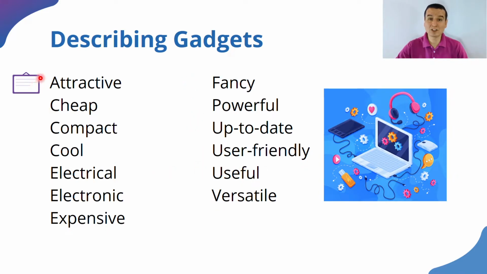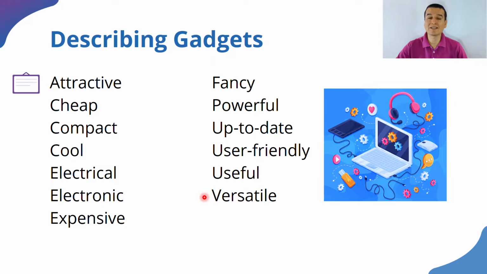Please repeat with me just the pronunciation because you may know them: attractive, cheap, compact, cool, electrical, electronic, expensive, fancy, which is very nice, powerful, up-to-date, which means modern, user-friendly, which means it is easy for people to use it, useful, versatile.